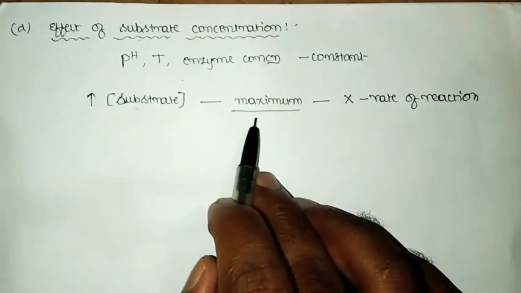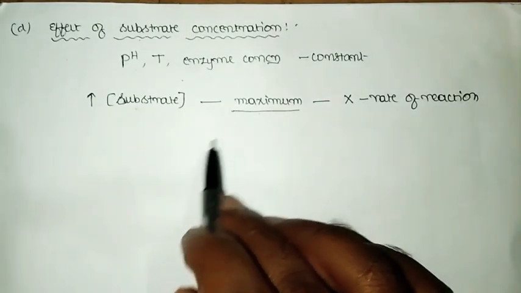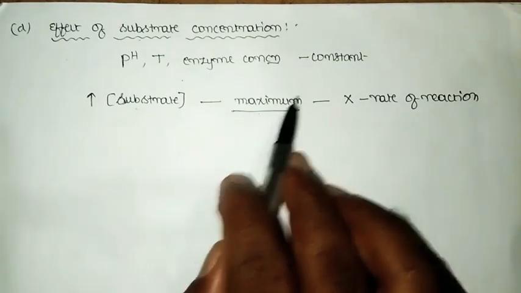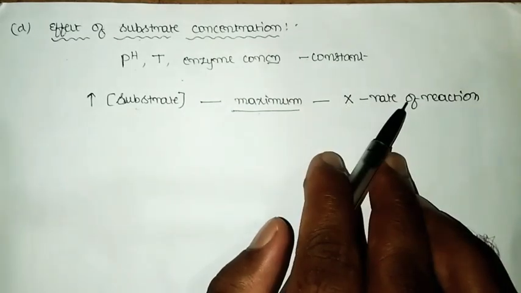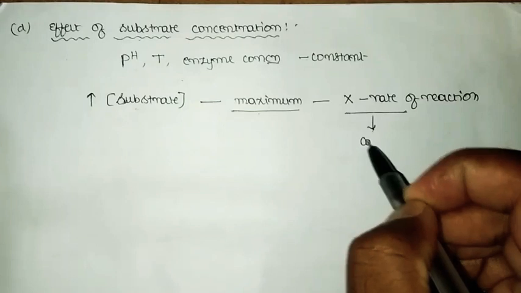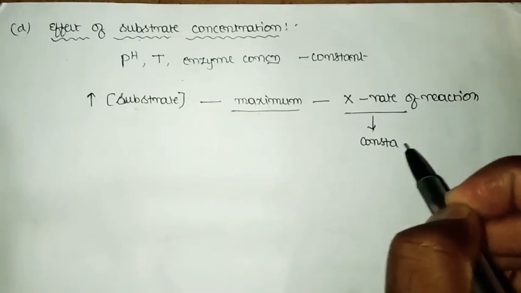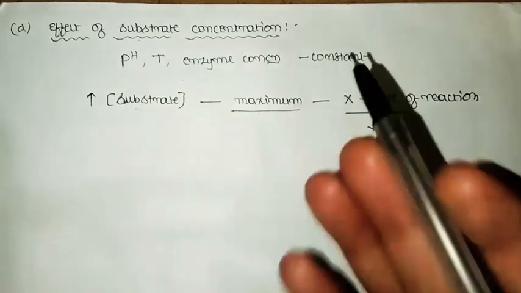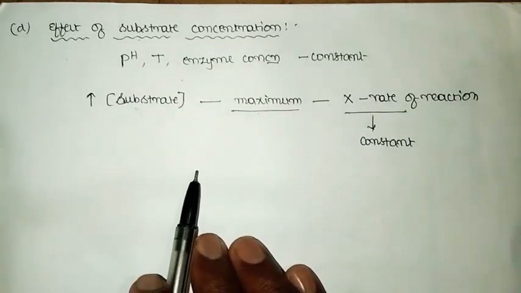But after reaching a maximum, further increase in the concentration of substrate will not increase the rate of reaction. That means the rate of reaction will reach a constant. There will be no further change in the rate of reaction or velocity of the enzyme catalyzed reaction.